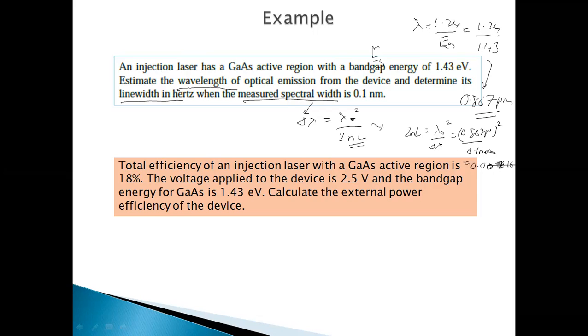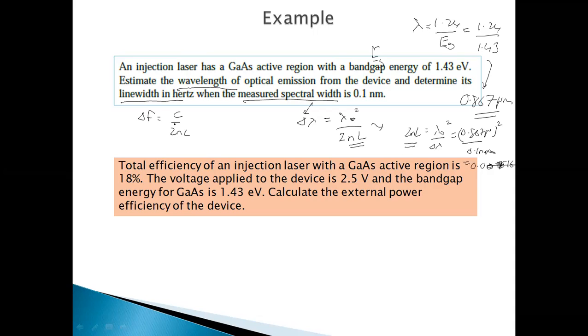This value of 2NL, where N is the refractive index of the active material and L is the length of your cavity, shall be used in calculating the line width, because we have learned previously that the line width in hertz can be calculated based on the equation delta F equals C divided by 2NL, where C is the speed of light and delta F is the line width in hertz.